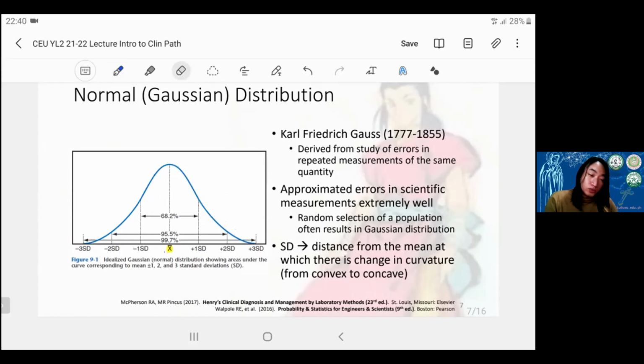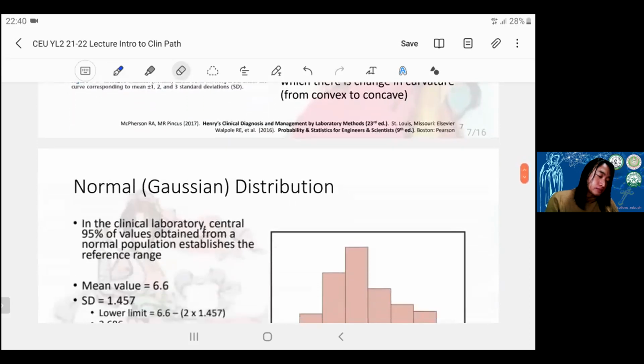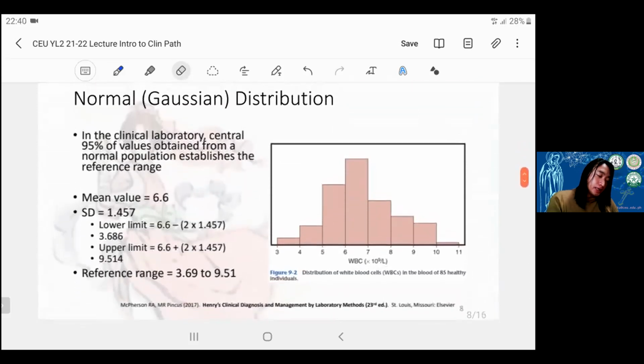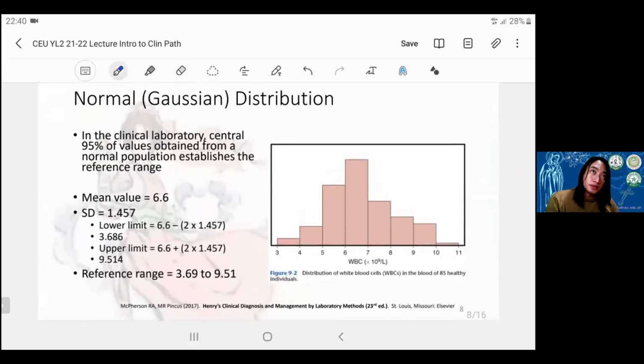So how does this apply to clinical laboratory practice? In clinical laboratory, we determine the 95% of the central values from a normal population. And this will establish the reference range. So for example, in 85 healthy individuals, they determined the white blood cell count.